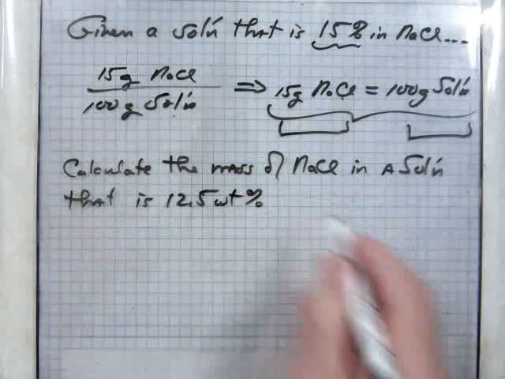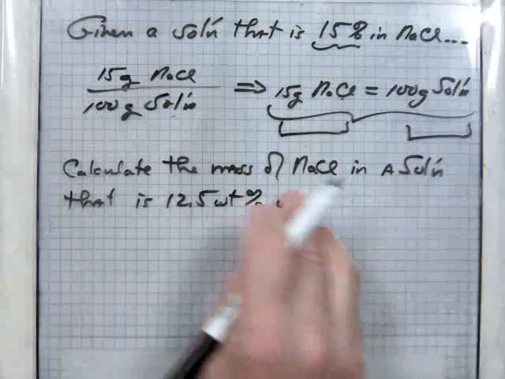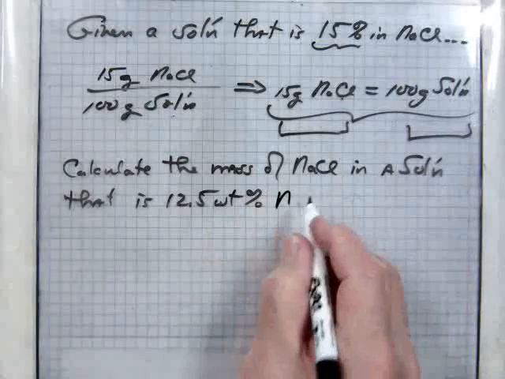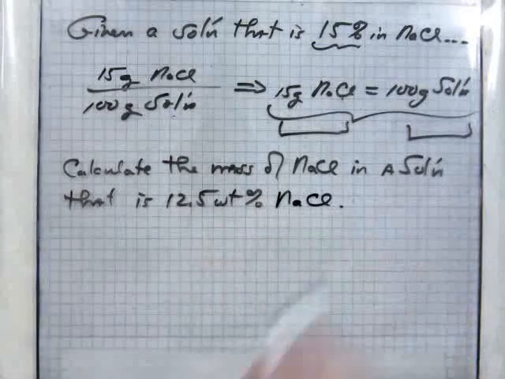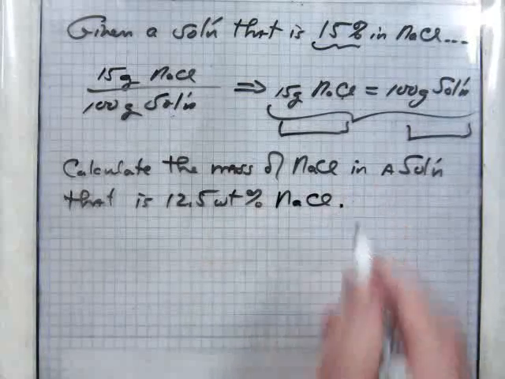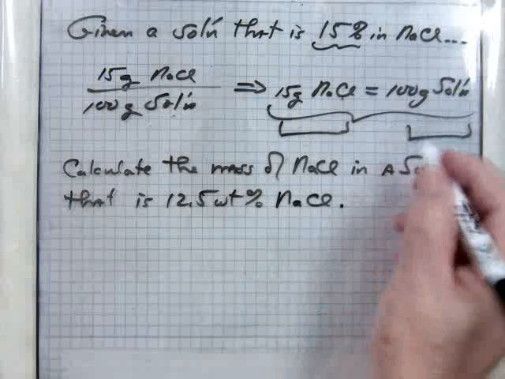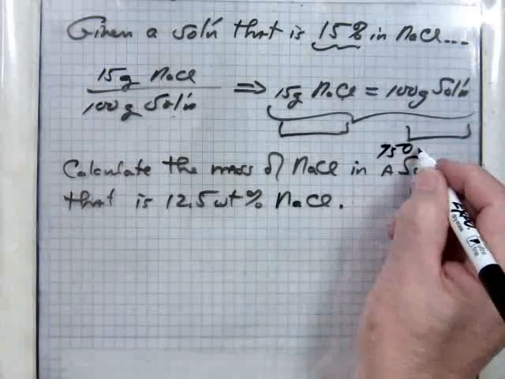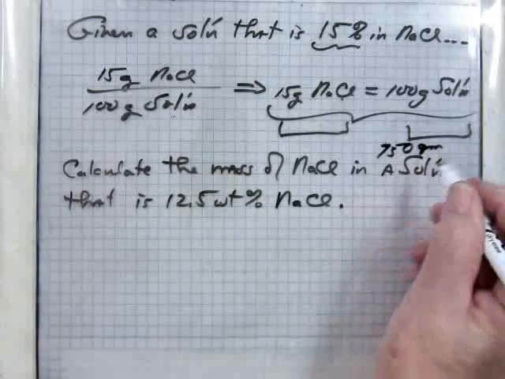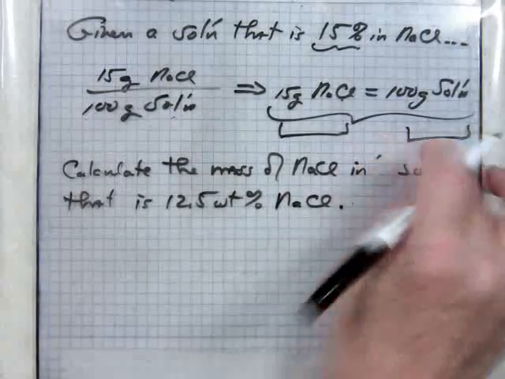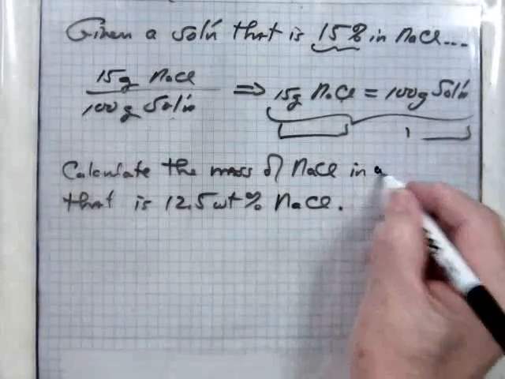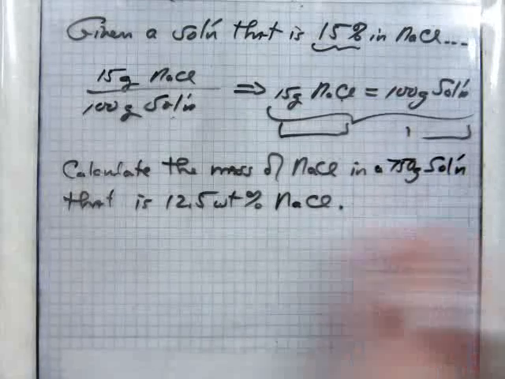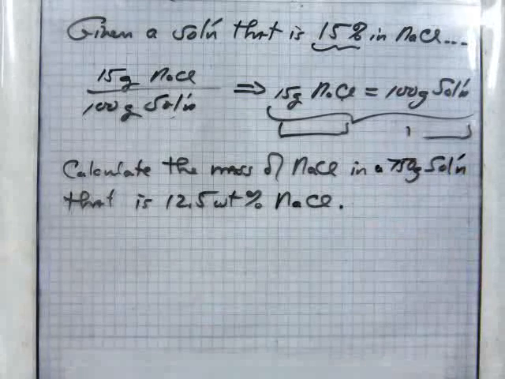Weight percent sodium chloride. Mass sodium chloride in a 750 gram solution. I forgot that. In a 750 gram solution, that is 12.5% sodium chloride.